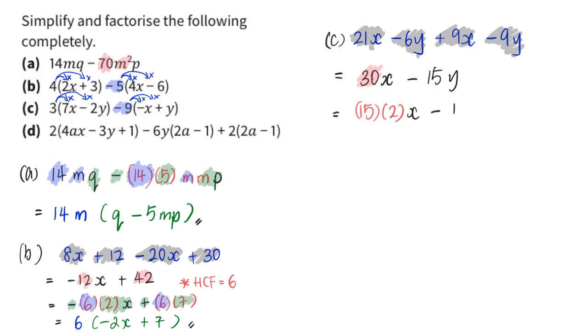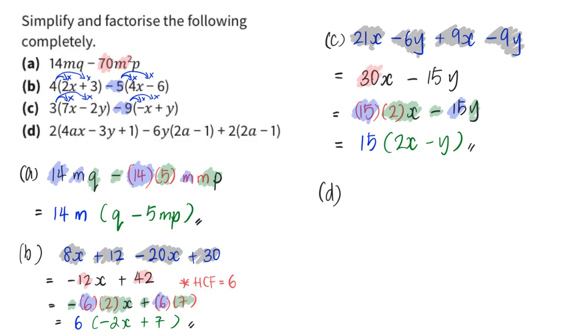And this one is still 15 times y, such that the final answer, 15 is the common factor. And I'm left with negative 2x minus y. Done.